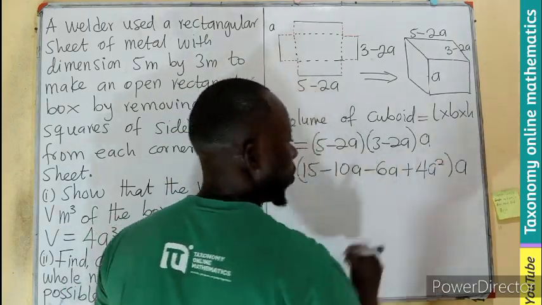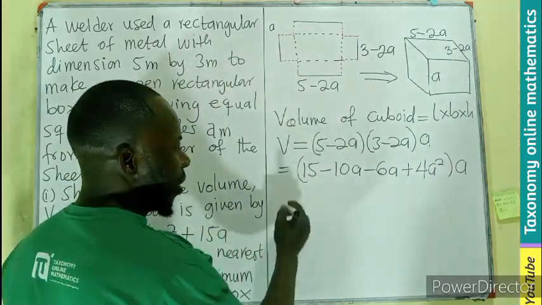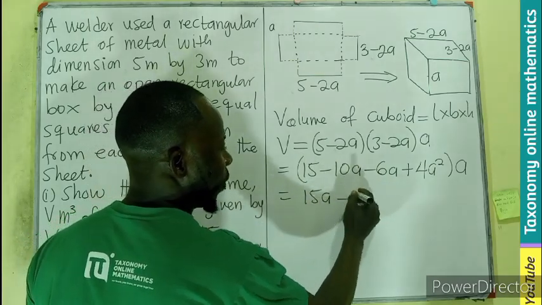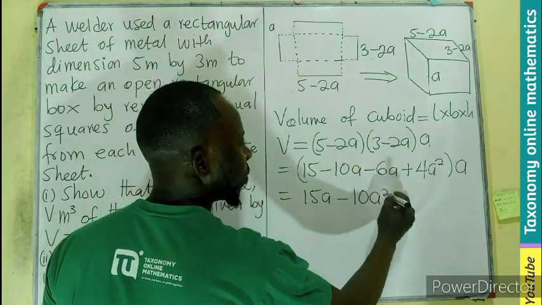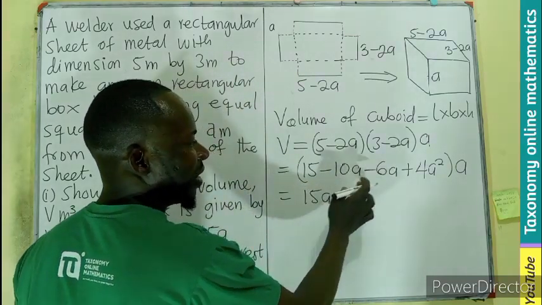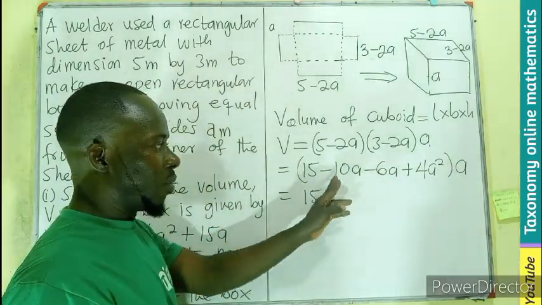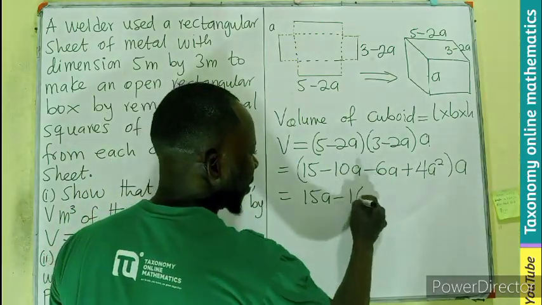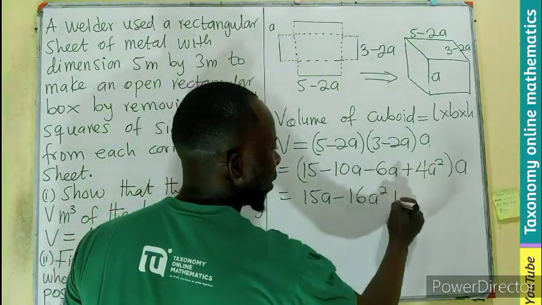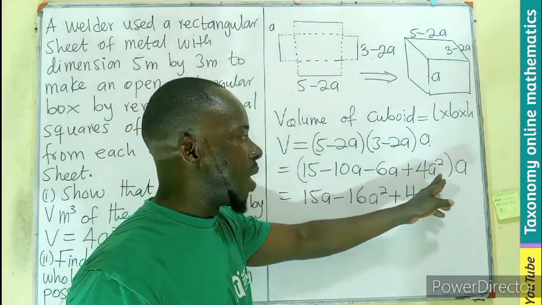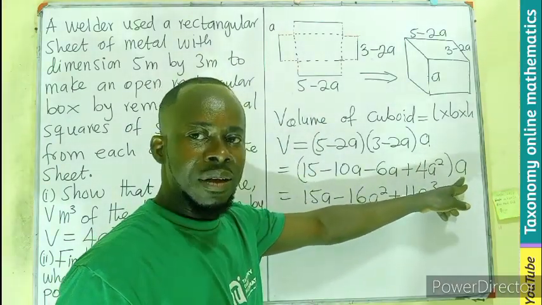Then the a will now multiply. You'll be having 15a. a times a will be a squared. Then let's combine this as well. We know this is going to give us negative 16a squared, because minus 10a minus 6a will be minus 16a. So we're having 16a squared plus 4a to the power 3. Why power 3? a squared times a.